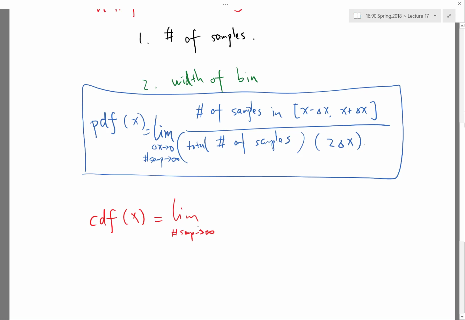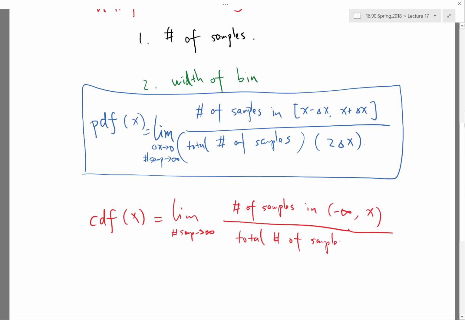So there is no longer delta x goes to 0 because we are basically not using the derivative anymore. The limit of the number of samples in minus infinity to x, divided by the total number of samples. So that's the cumulative density function we are looking at.